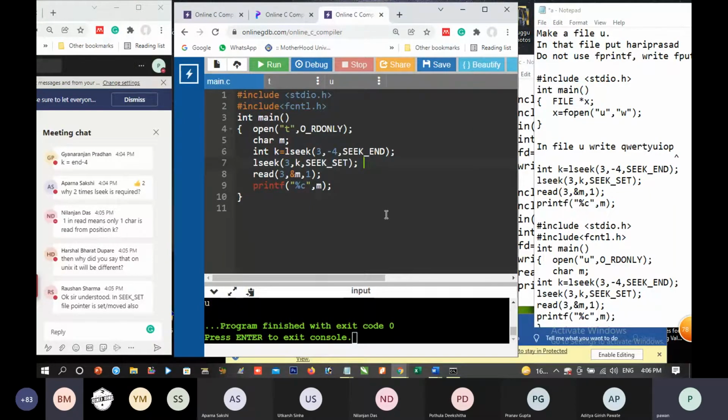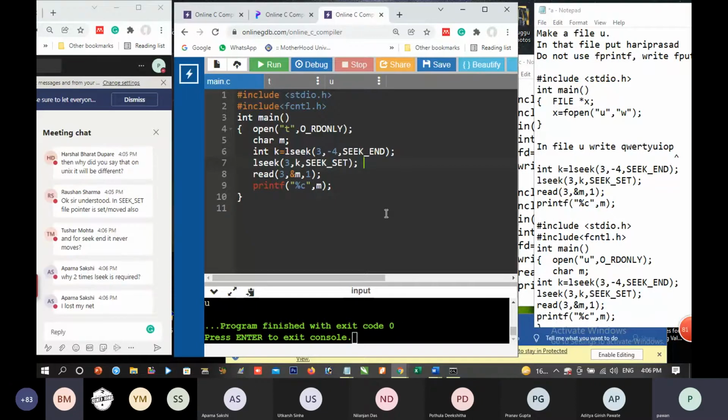What else is your doubt? Any doubt till now? Because the offset will be mostly negative and it will not move. Is it correct?